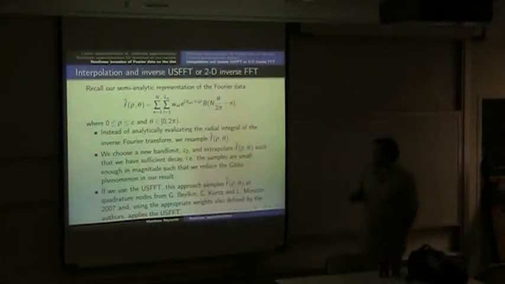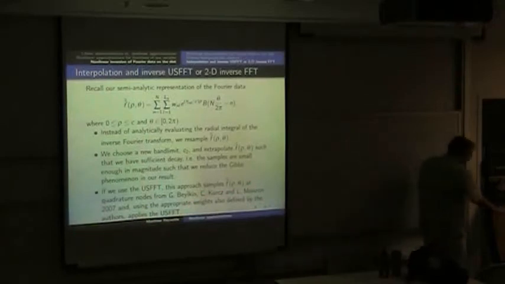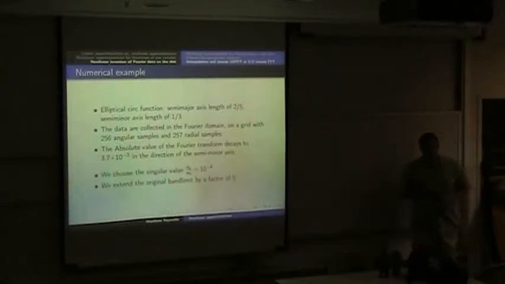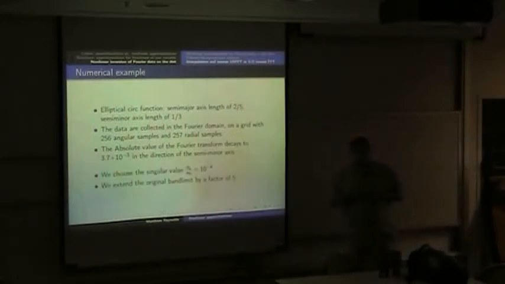If we use the unequally spaced FFT, I just wanted to briefly mention that the quadrature nodes and weights that we would use were defined in this paper. However, in the example that I did, I just extrapolated to a Cartesian grid and did an inverse 2D FFT.